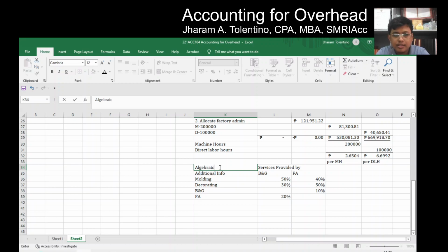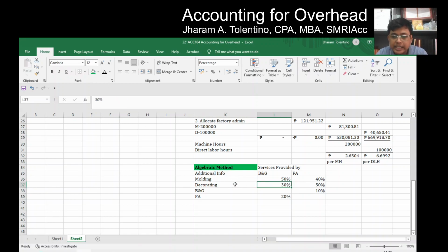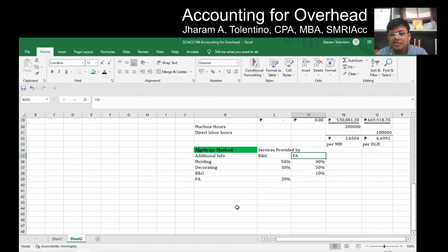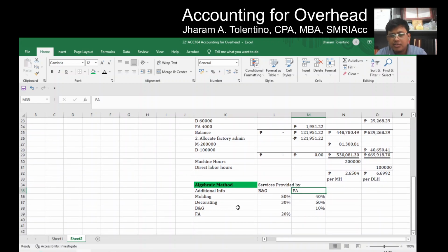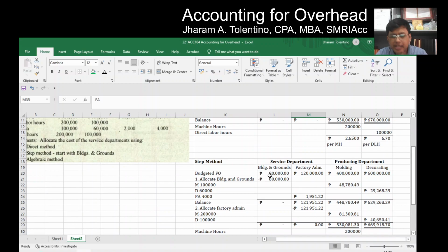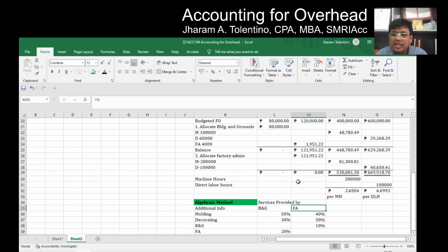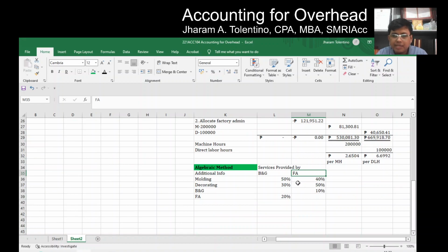Okay. Algebraic method. So, magkakaroon tayo ng additional info such as the services provided by the building and grounds and then yung factory admin. Bakit? Kapag wala ito, hindi tayo makakapag-prepare. Okay. So, dito, yung binanggit ko kanina, nagre-recognize to ng back service. So, kapag gagamitin natin itong computation na to, matatagalan tayo. Okay? Sobrang matatagalan tayo.